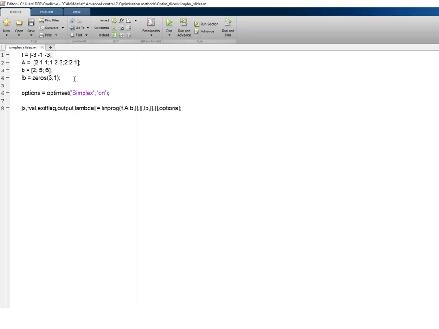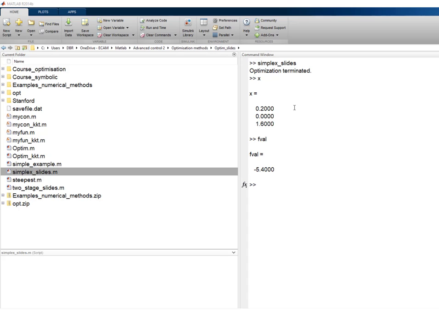And here you have the non-negativity constraints on the 3 variables, and we'll use the simplex method, and then we can run the code. And indeed we obtain x1 is 1 over 5, x2 is 0, x3 is 8 over 5, and the cost is minus 27 over 5.